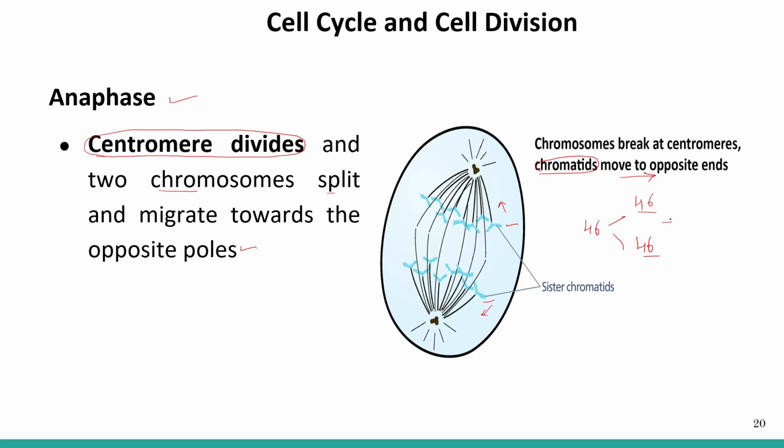So that's why the chromosome number is maintained and it is known as the equational division. Genetically similar progeny cells are produced which have the same chromosome number as the parent cell. So if the organism is diploid, it will remain diploid.